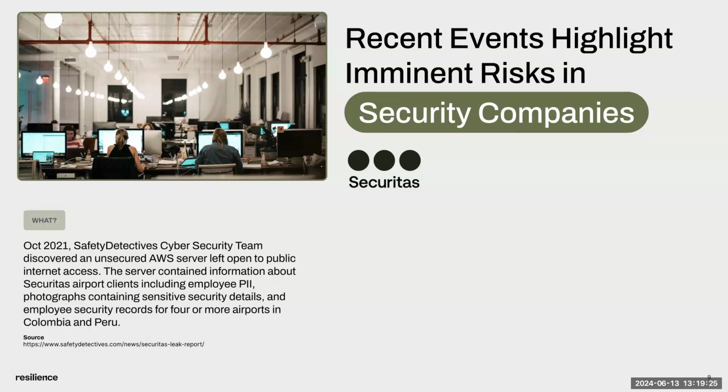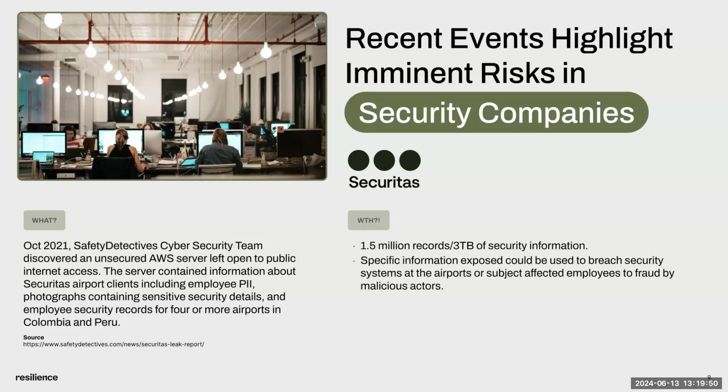However, the Robin Hood kind of vigilante group, Safety Detectives, discovered that there was an unsecured Amazon Web Service server left open to public access. This particular web server contained a huge amount of security information. And the result of that was that it put at threat many of the airports in Colombia and Peru to exploitation, possibly by actual threat actors.